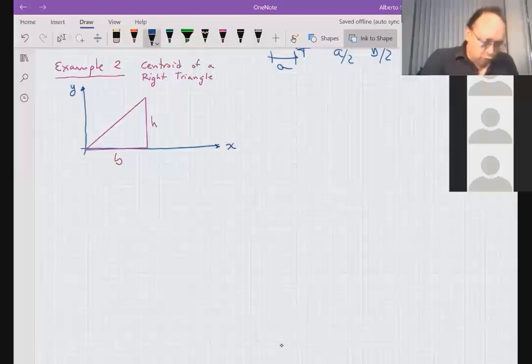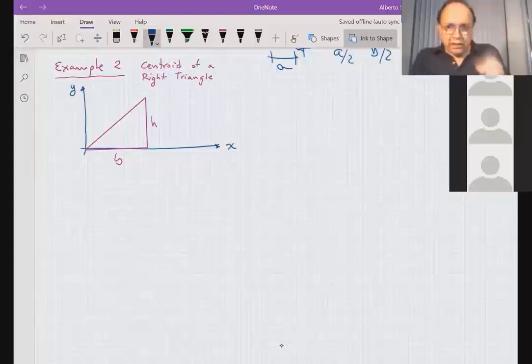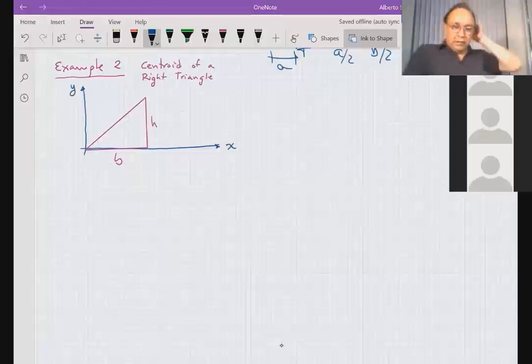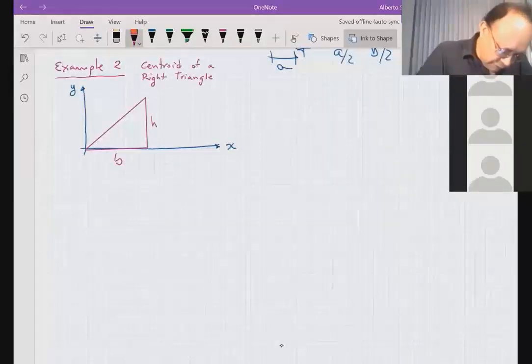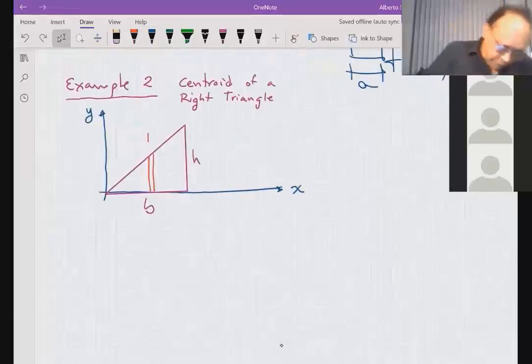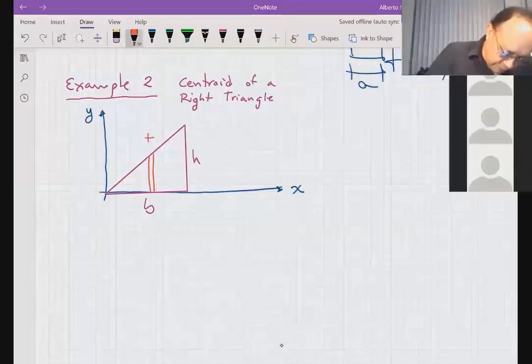And so we can divide this triangle into little strips, because now we know where is the location of the strips, the location of the center of gravity. So the strip that we are going to do is this strip here. The width of the strip is very little, is dx.